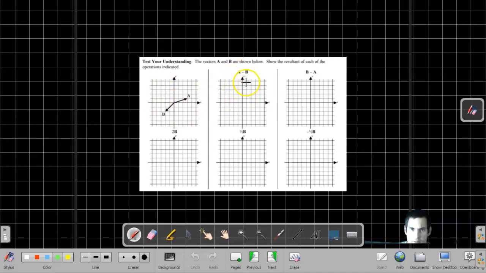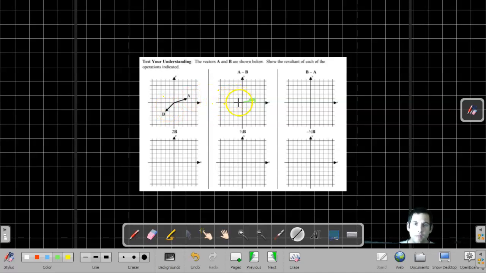So for this first box, we want to see what is A minus B. So to do A minus B, remember, we add the anti-parallel B. So A goes up 1 and to the right 3. Puts us right there. And then B goes down 1, 2, and left 1, 2.